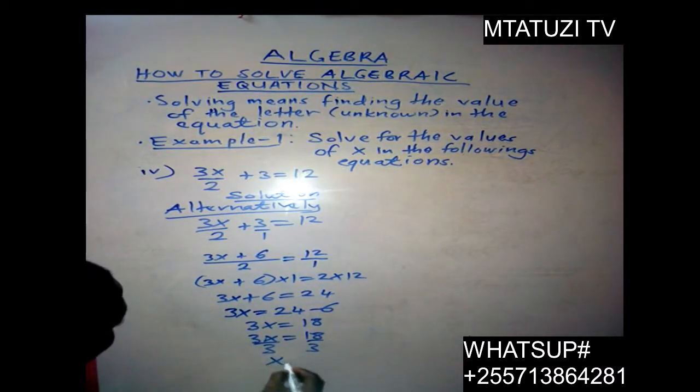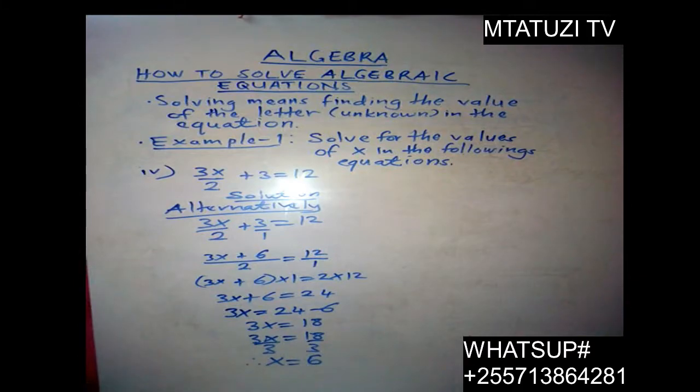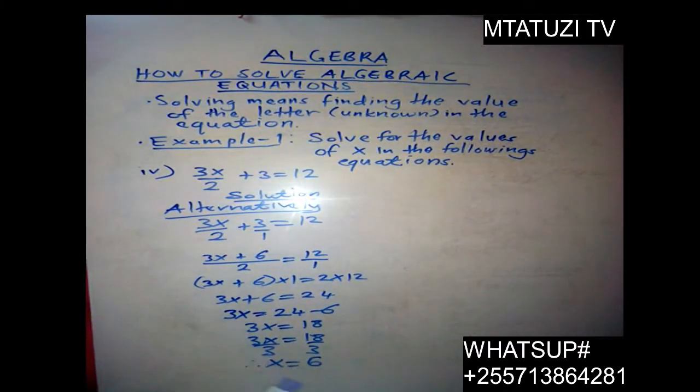So x is equal to 6. This is an alternative. So we have used both methods, different methods, but we have got the same answer. So it's your choice. Either you can use this method or the previous one.